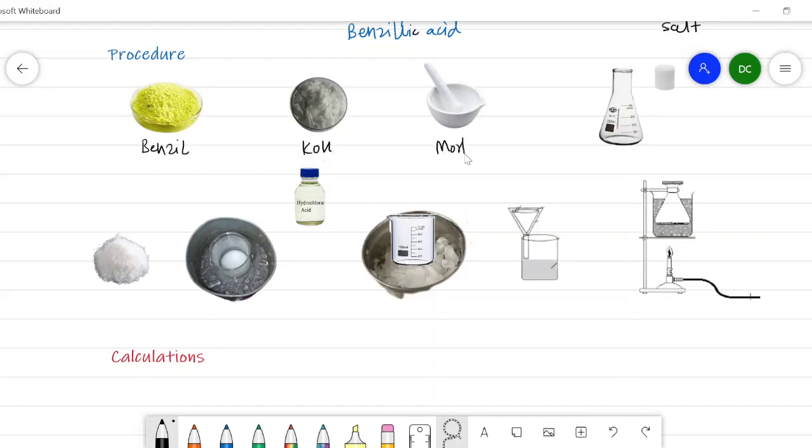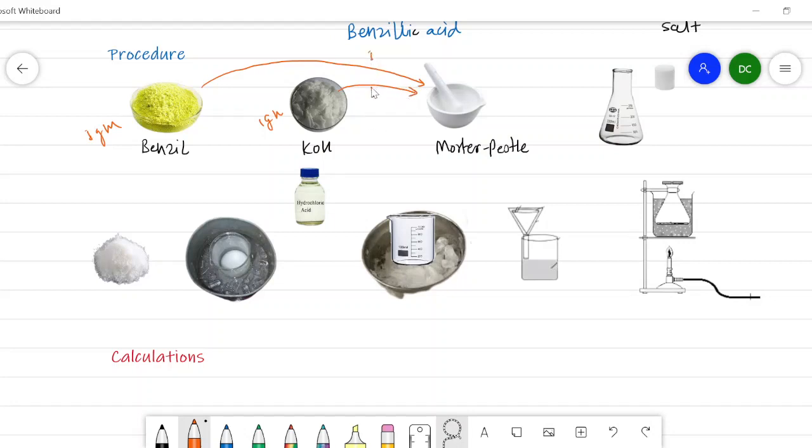It is a mortar and pestle, a conical flask, then a funnel and a beaker that you know. Now, in the procedure, we have to take 1 gram of benzil and 1 gram of KOH. So 1 gram of benzil and 1 gram of KOH are taken in the mortar and pestle.